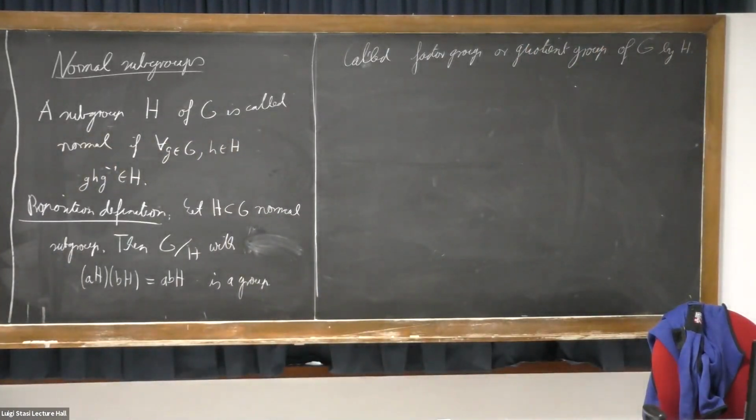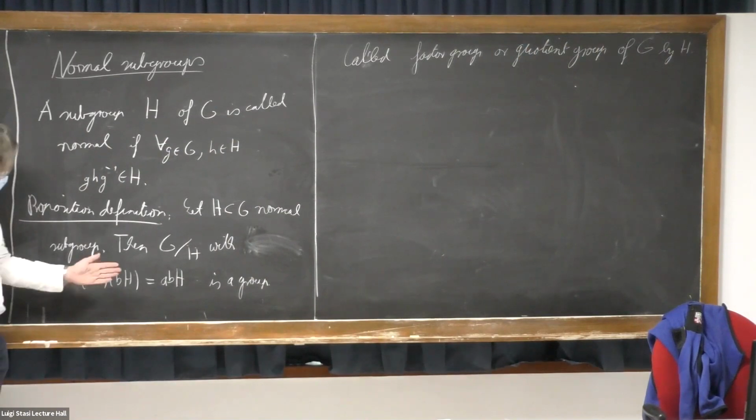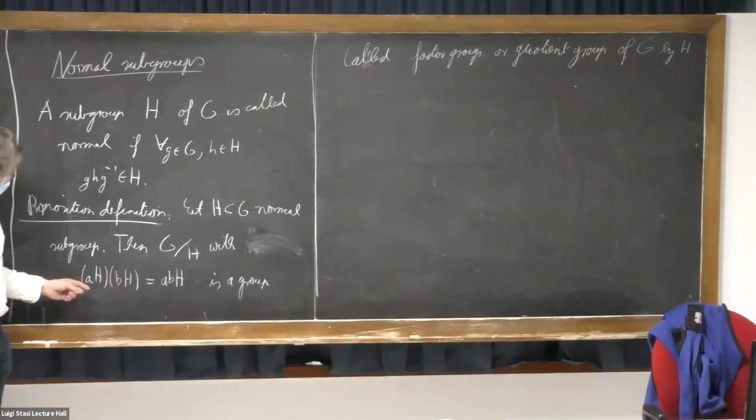So the main point here obviously is that this multiplication has to be well defined. An element of an equivalence class is called a representative.